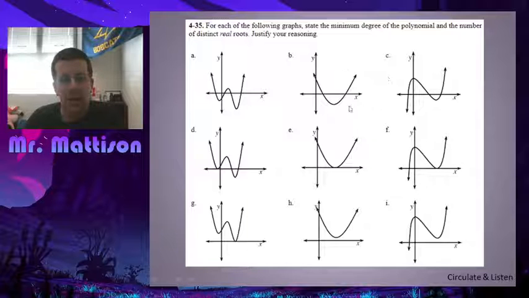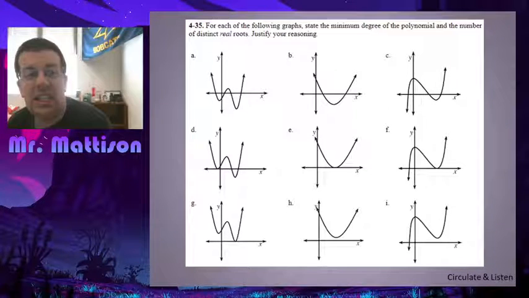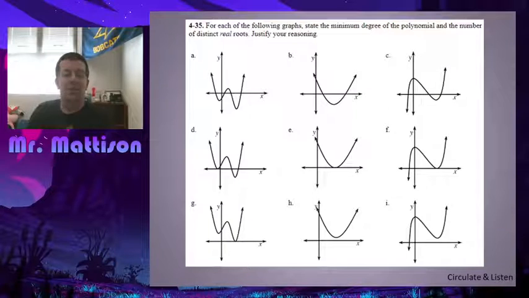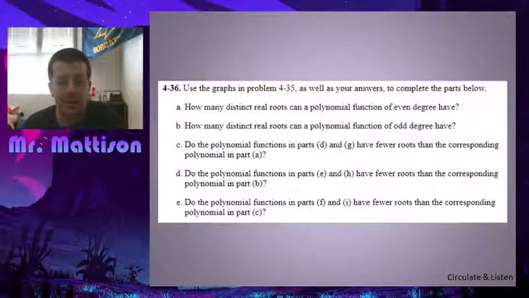B was a 2nd degree polynomial, and the largest number of distinct real roots we could get there was 2. This one was a 3rd degree polynomial, and the largest number of distinct real roots we could get is 3. That's not by coincidence; that's always going to be the case. The degree tells you the most roots you're going to get for that particular graph.